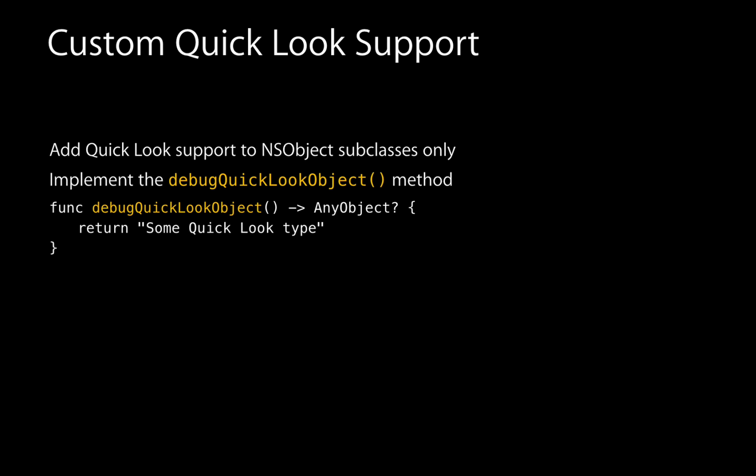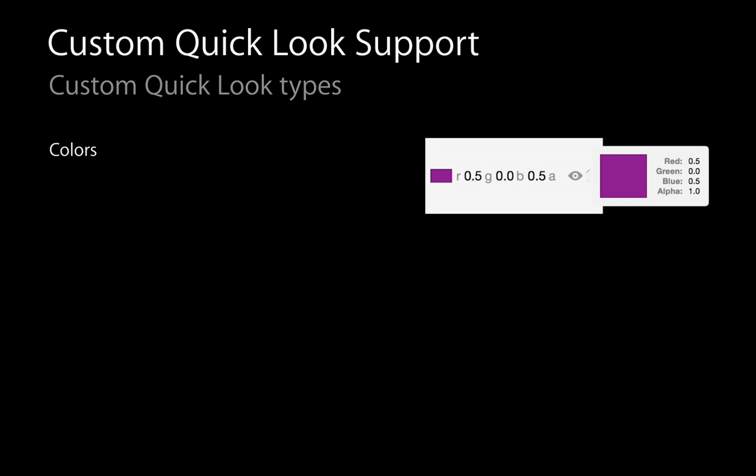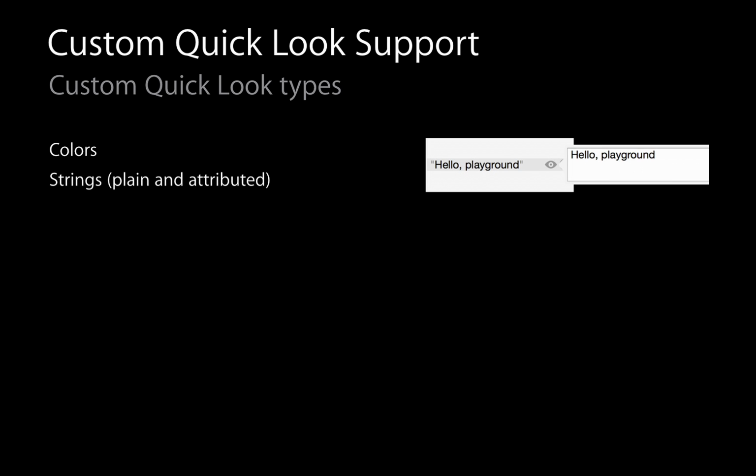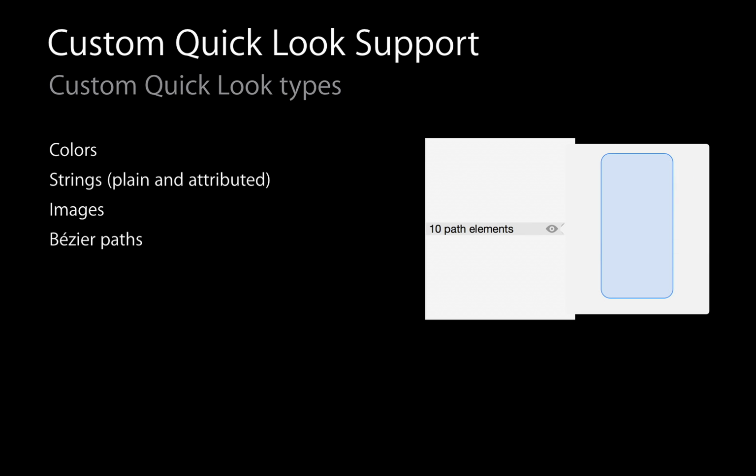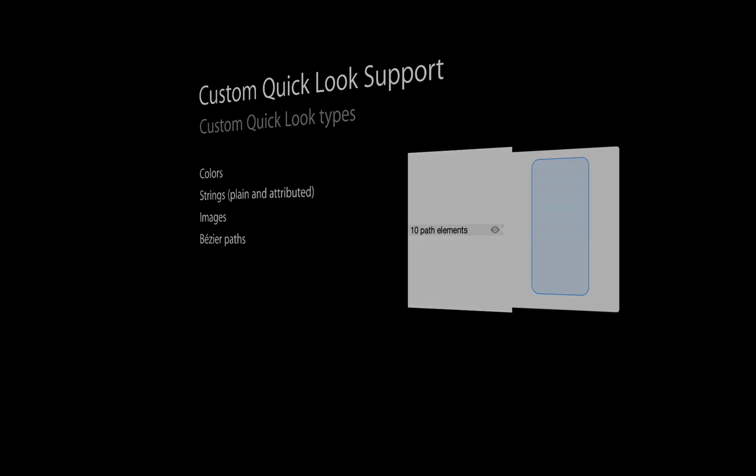And you are going to return the value that you want to represent your object as its quick look. So right now, the values that we support here are colors, strings, both plain and attributed, images, and Bezier paths. So for your custom quick looks, you can use any of these types. So let's try it out.